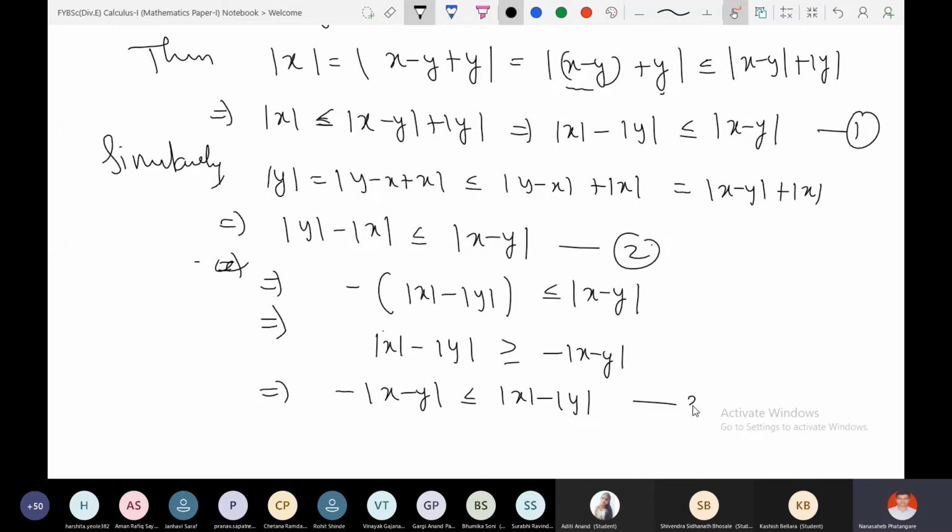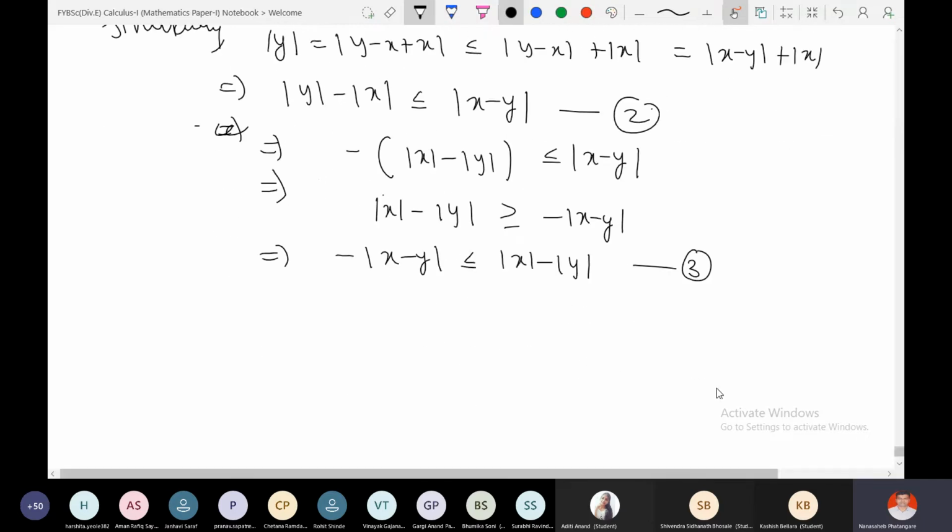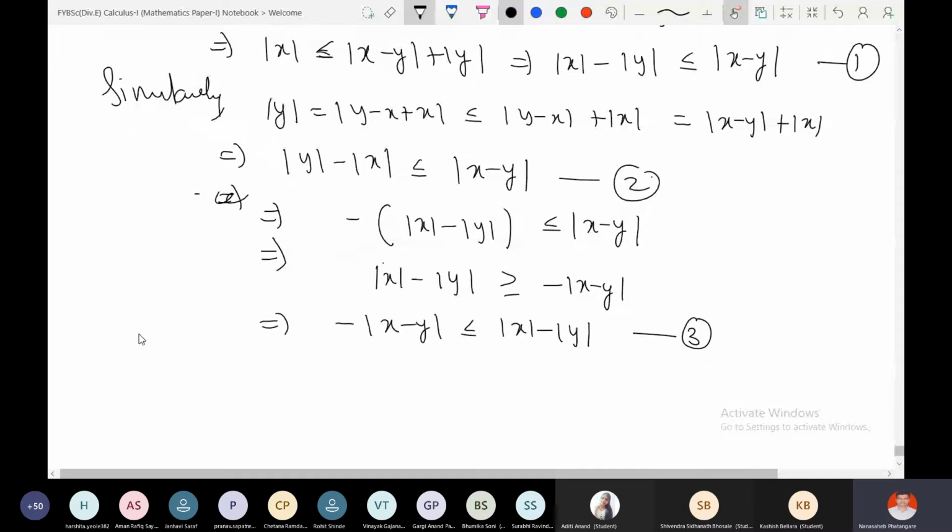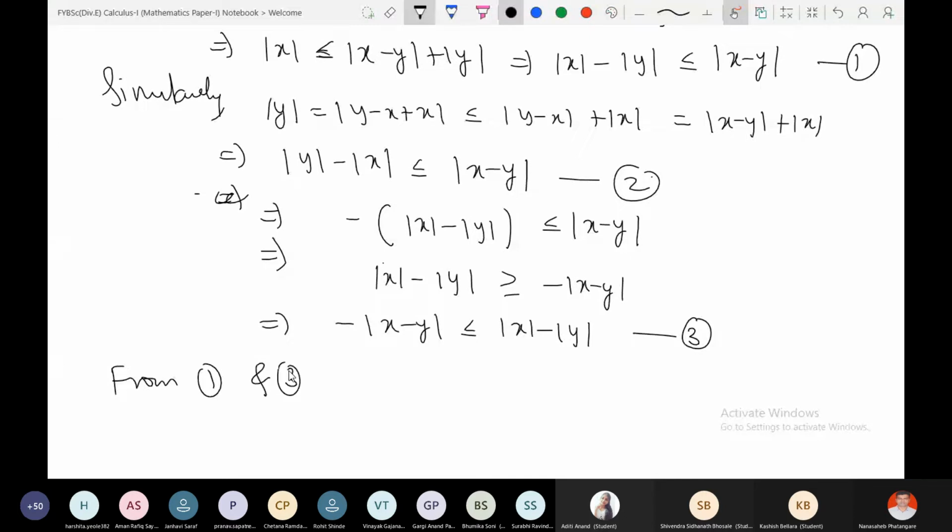Right, now I would like to combine expression 1 and 3. So from 1 and 3, what is the left hand side of 3? Minus, less than or equal to.